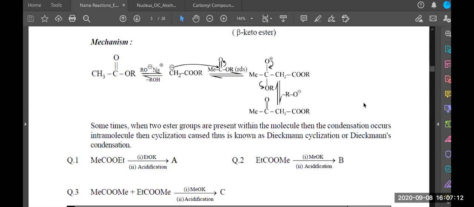I'll solve this because we haven't done this problem. Okay, you might have done it, I don't know actually, right? But at least try these three problems once again.